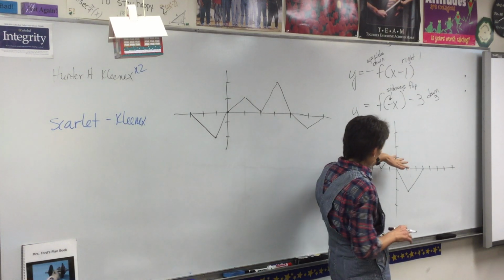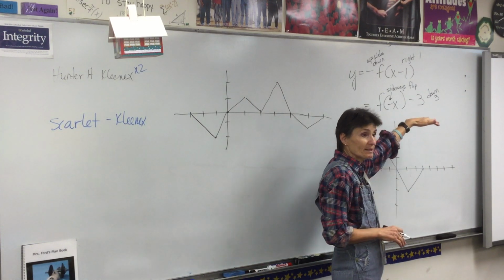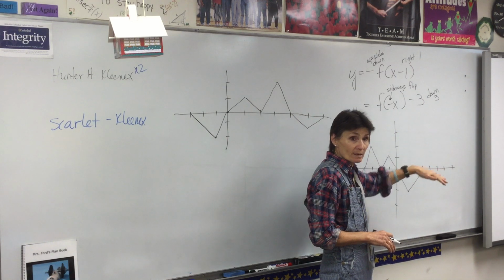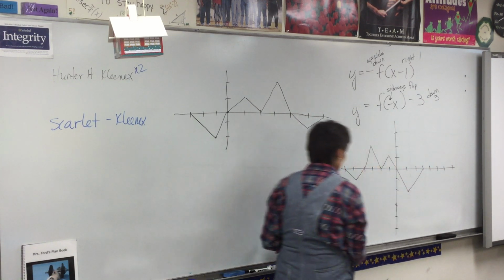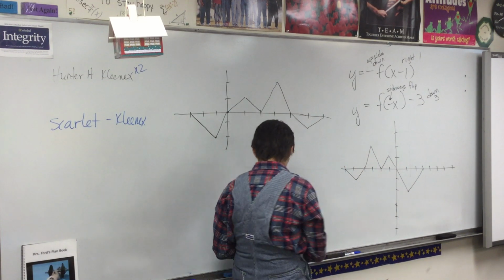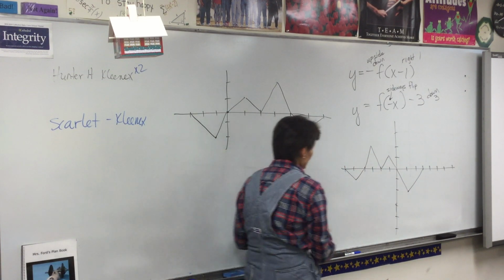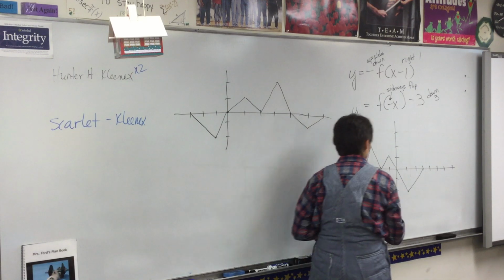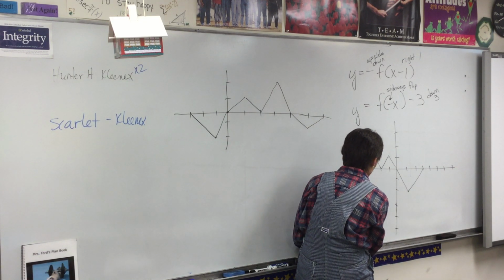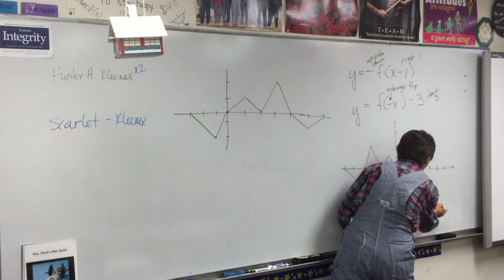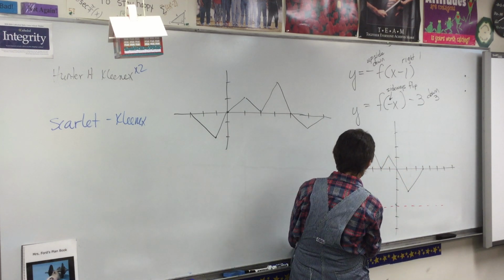Now I'm going to take this whole picture and I'm going to drop it down 3, which is going to be tricky because I didn't leave myself much room here. I'm going to take everything down 3. So I can use a different color or just mark it heavy and dark. But every point's coming down 3. So everything's coming down to here.